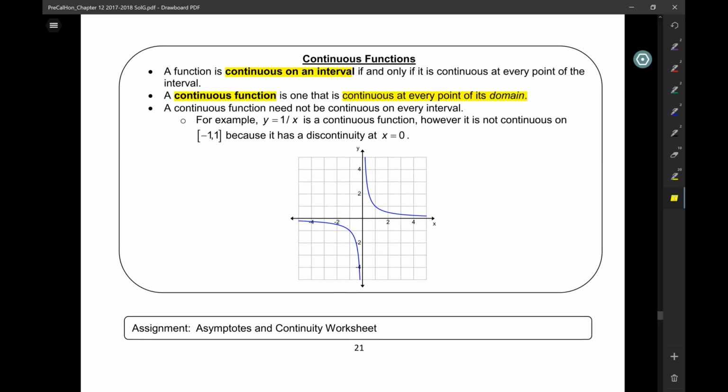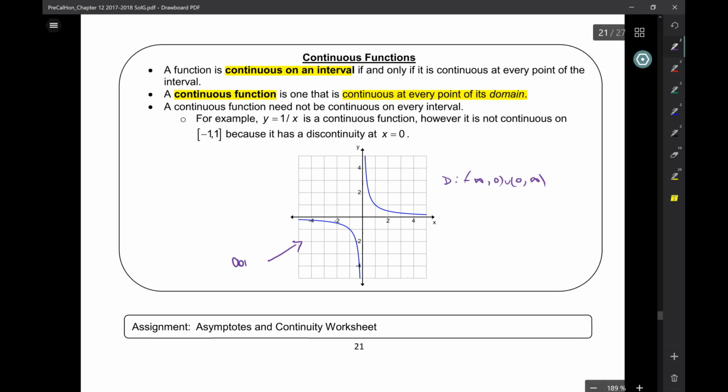What's the domain of this function? On its domain, from negative infinity to 0, is this continuous? Yeah. From 0 to infinity, is that continuous? Yeah. So that's a continuous function, because a continuous function is defined as being continuous at every point of its domain.